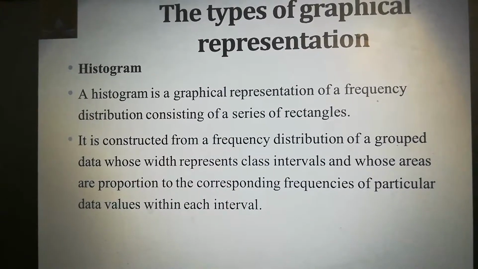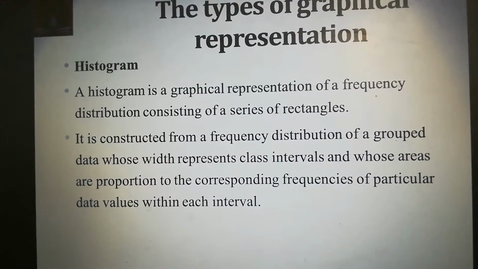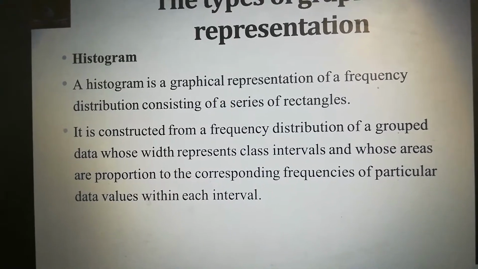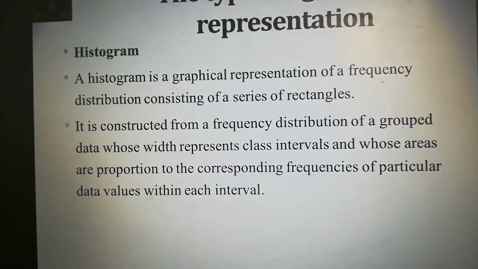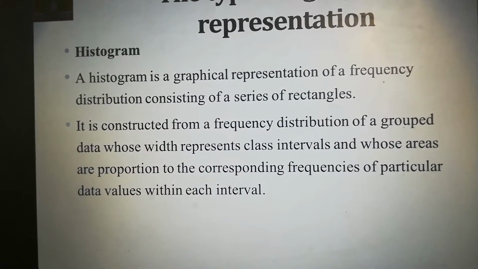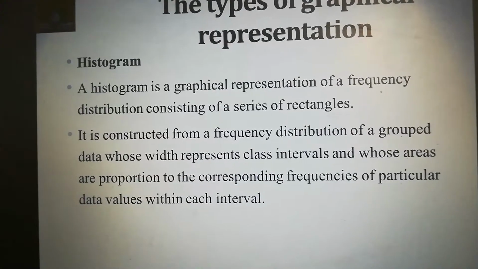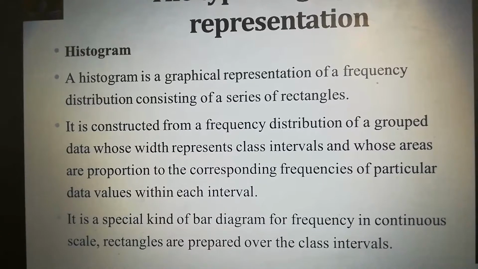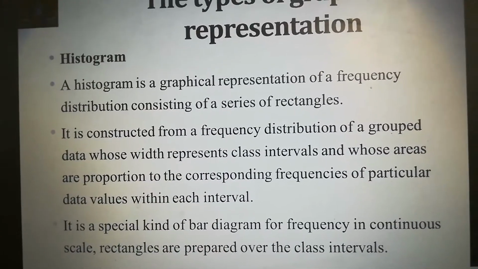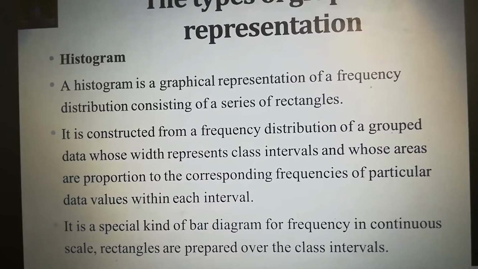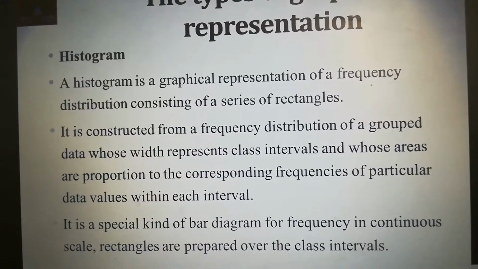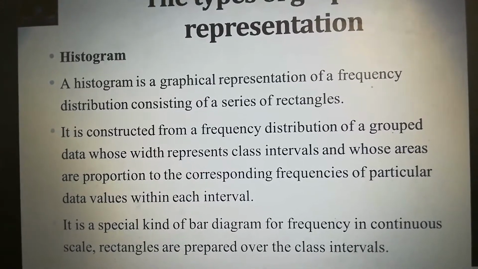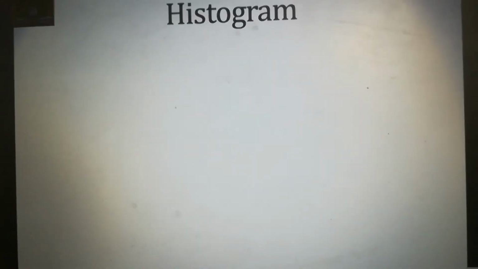It is constructed from a frequency distribution of grouped data, whose width represents the class interval and the area is proportional to the corresponding frequency of a particular data value. It is a special kind of bar diagram for frequency on a continuous scale, and rectangles are prepared over the class intervals.